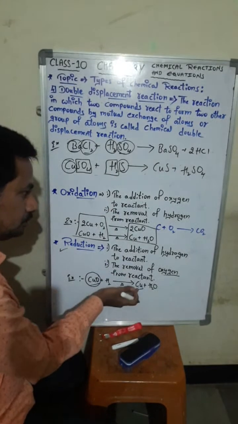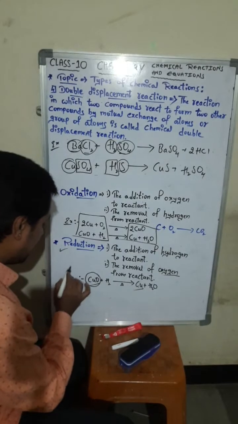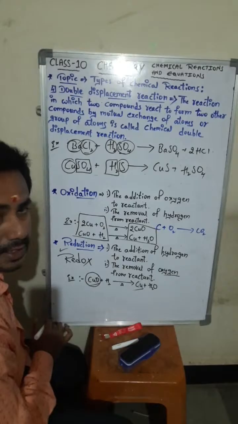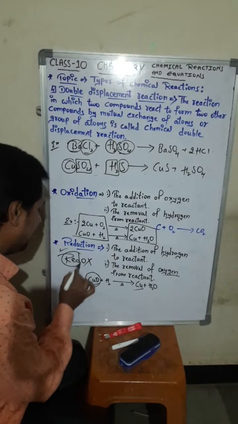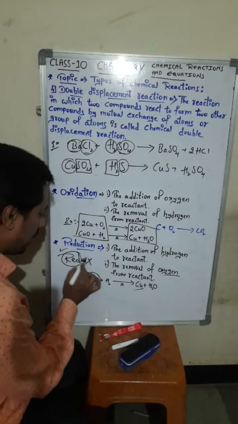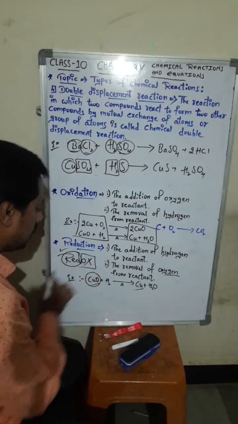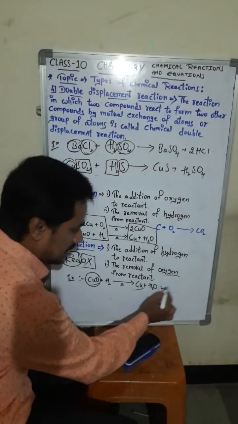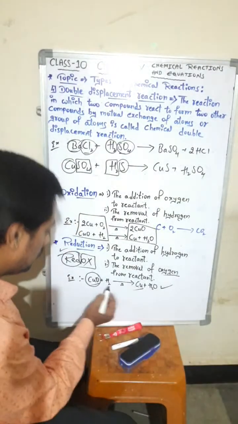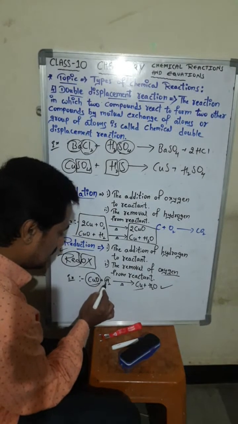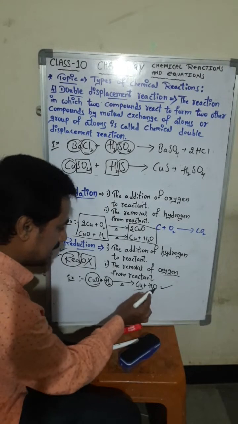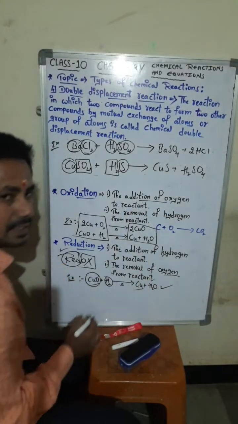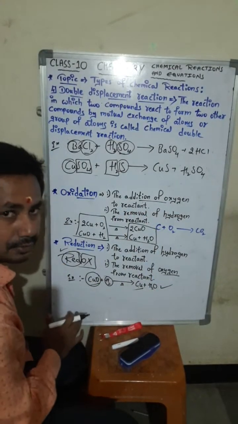That type of reaction we call a redox reaction, students. RED means reduction. OX means what? Oxidation. Reduction and oxidation both are taking place in this reaction. How? See, hydrogen is there, oxygen is added, so addition of oxygen, so oxidation.